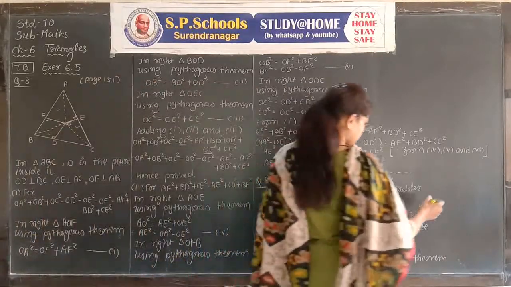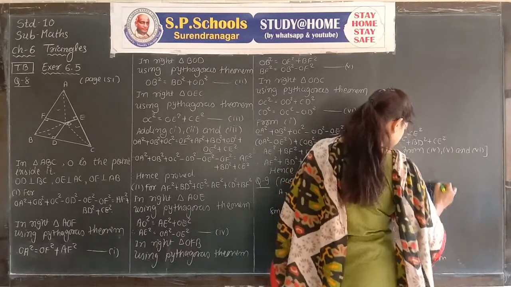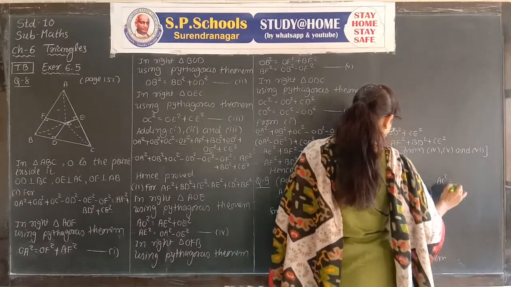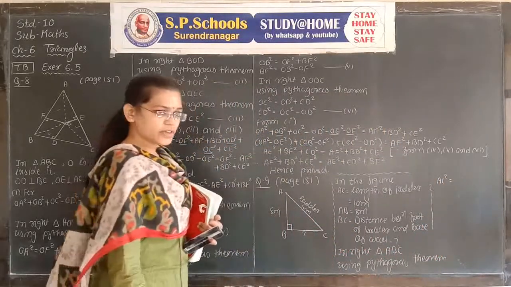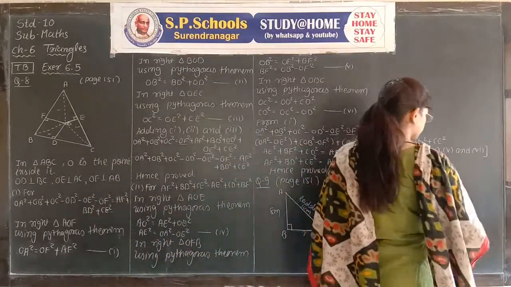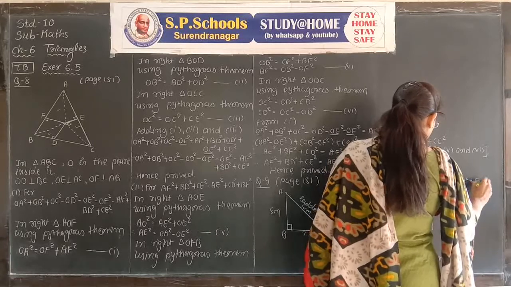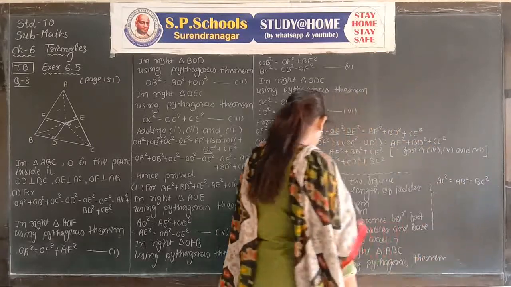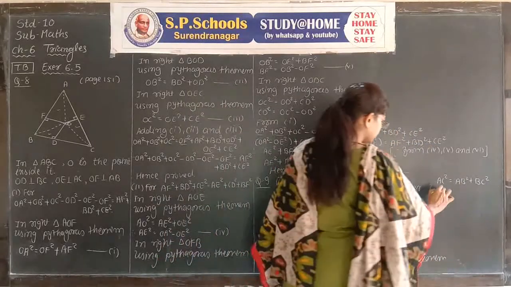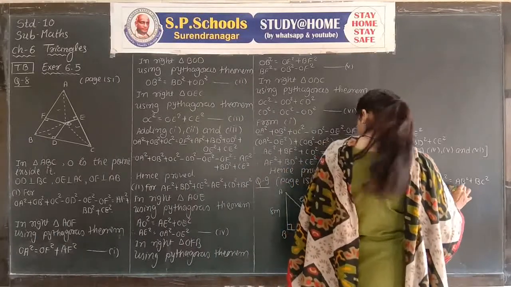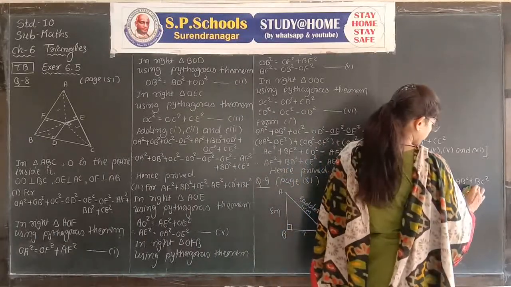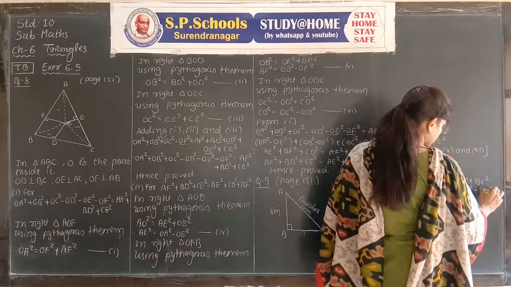The square of AC is equal to AB square plus BC square, where AC is 10 whole square, AB is 8 square, and BC remains as it is.